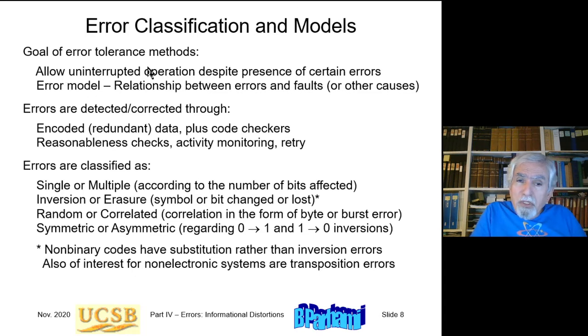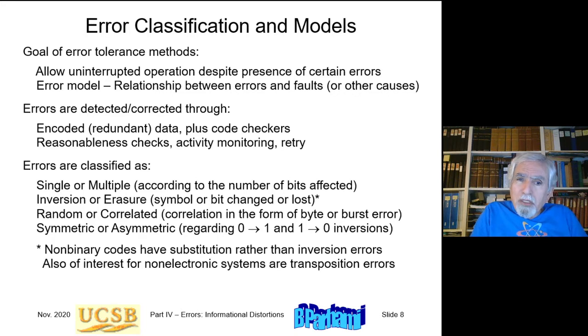The goal of error tolerance methods is to allow uninterrupted operation despite presence of certain errors. Of course, uninterrupted operation occurs when we have error correction. If we have error detection, we just know that an error occurred and we can't continue the computation. We have to basically go back and redo the computation, restart.